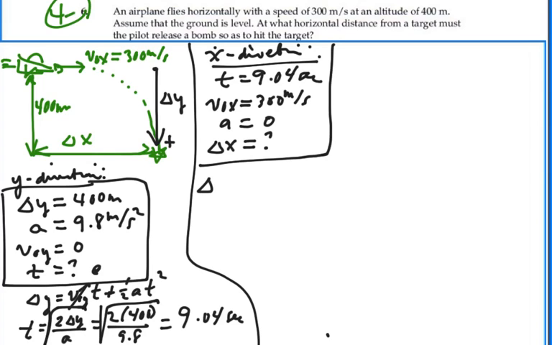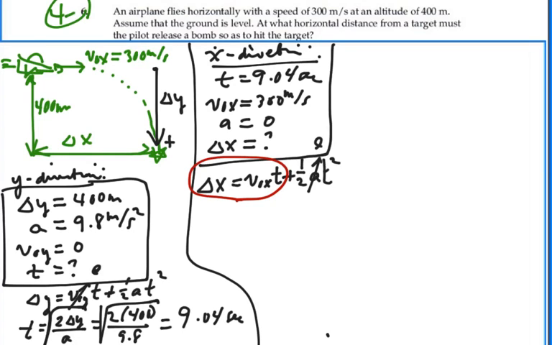So we have displacement equals initial velocity times time plus 1/2 acceleration times time squared. Only in the x direction, our acceleration is going to be 0, so that term is going to be 0. We strictly are going to have just this. Displacement will equal velocity times time.